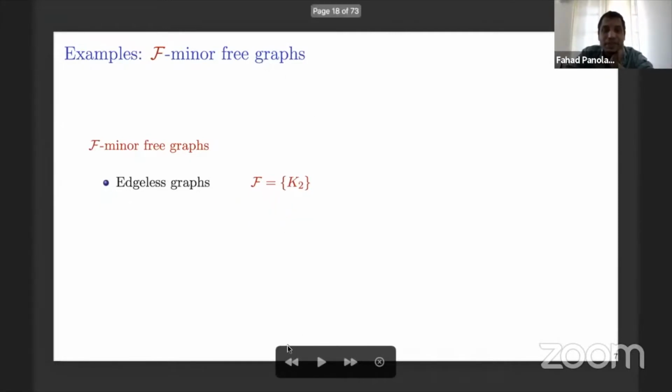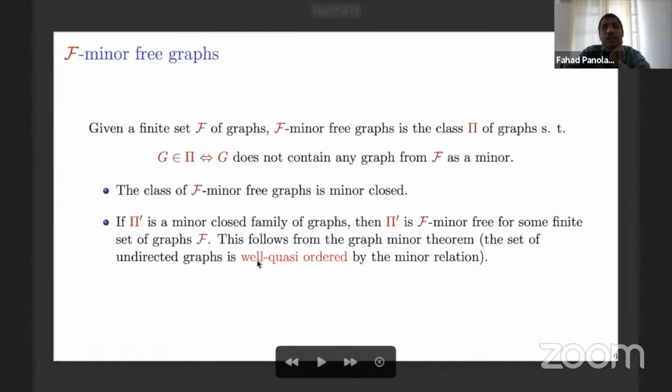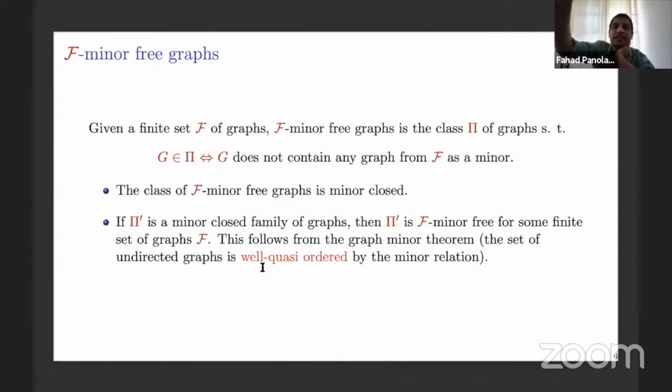The definition of well quasi-orderedness is that you look at the partial order of the graphs under the minor relation. So H is related to G if H is a minor of G. Then in this partial order, there will not be any infinite antichain, so no infinite set of graphs that are pairwise unrelated.